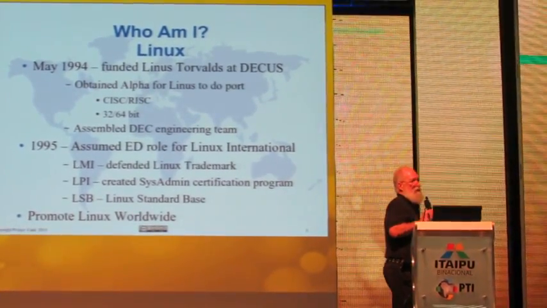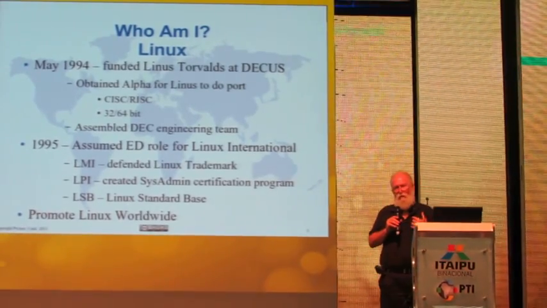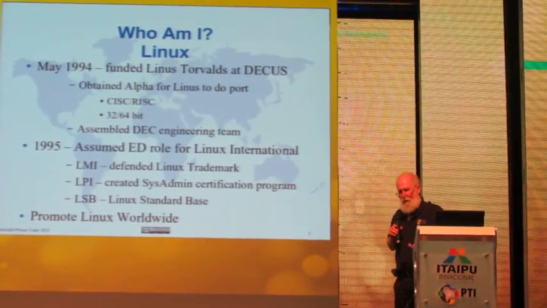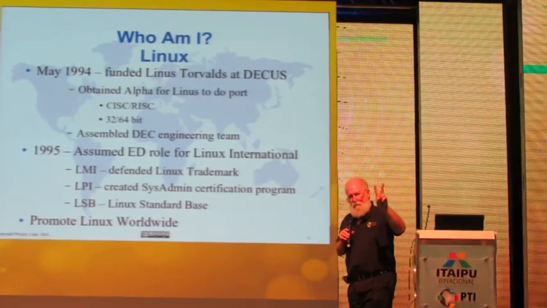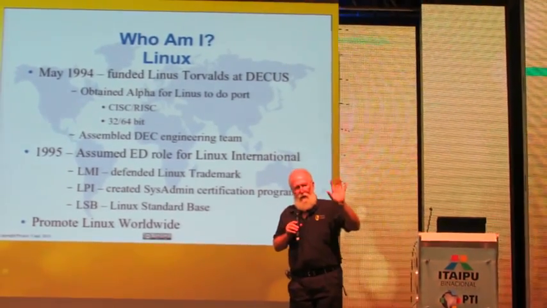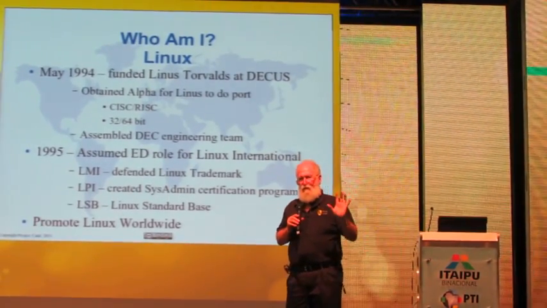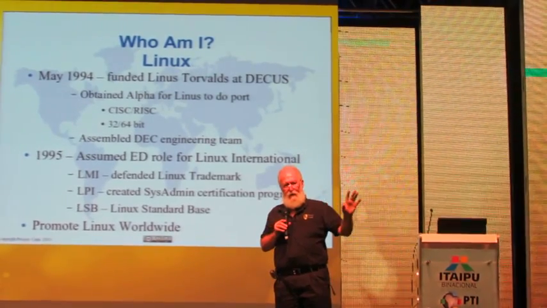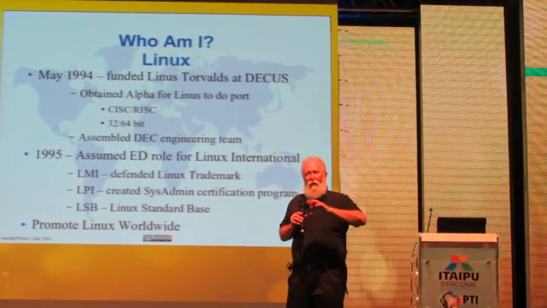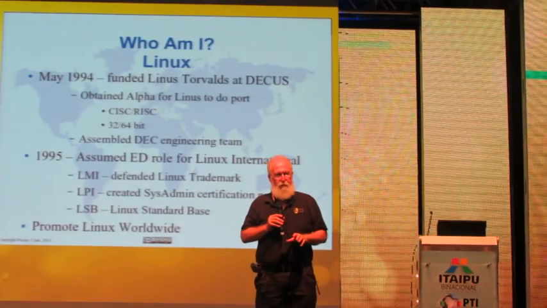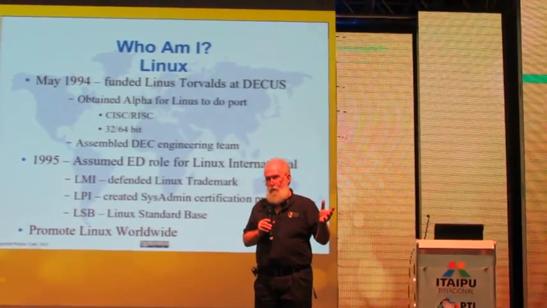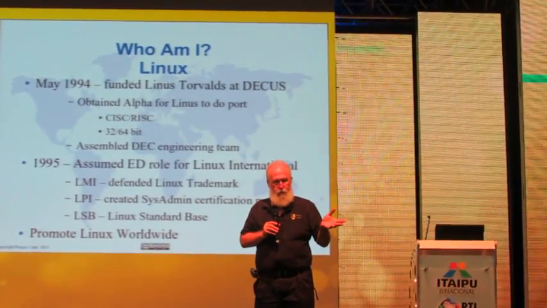Now, the other reason I gave him the Alpha was because it was a RISC processor. And there were two main types of processors in the world: a complicated instruction set, like Intel and AMD, and a reduced instruction set computer, such as the ARM chip or the Alpha.